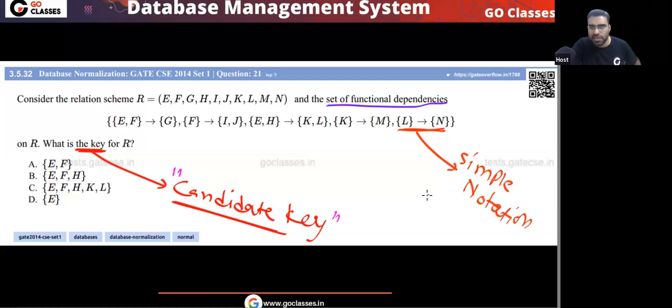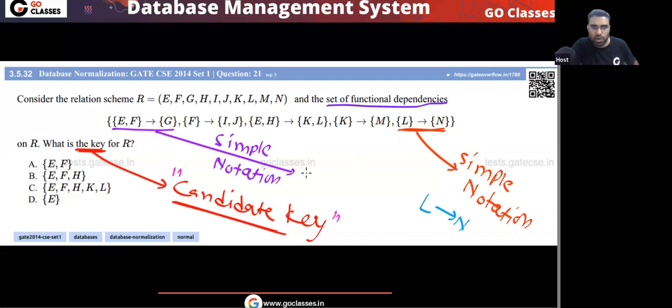The simple notation is L determining N. For example, for this FD, the simple notation is EF determining G. Yes or no? Is this clear?